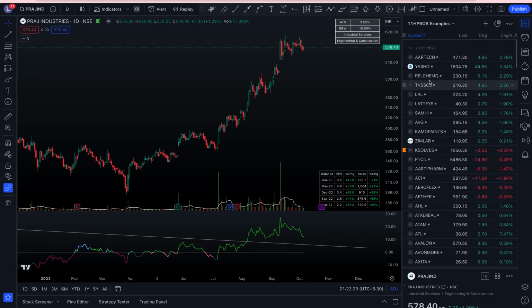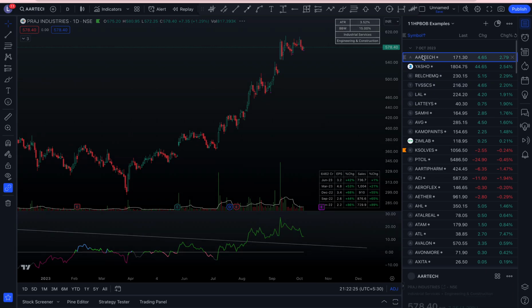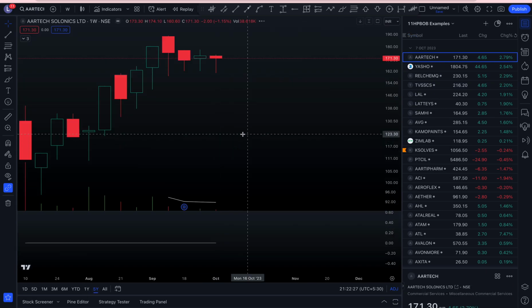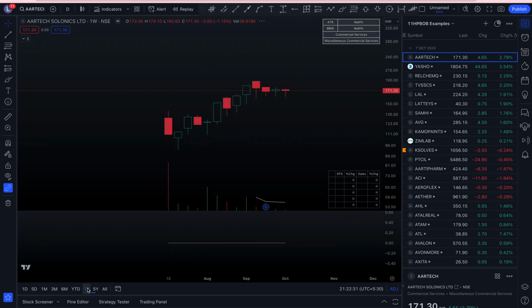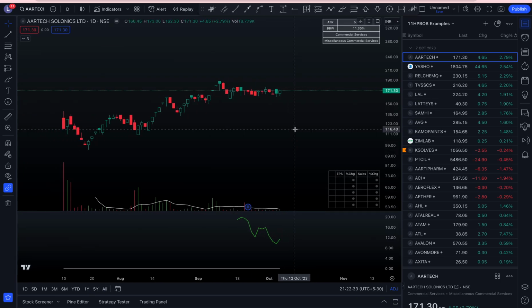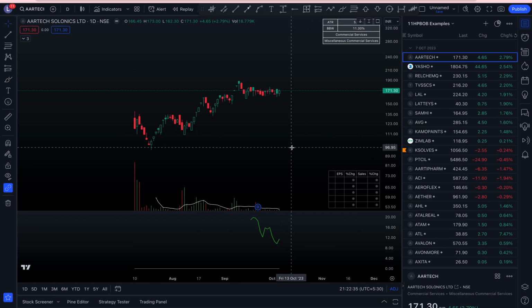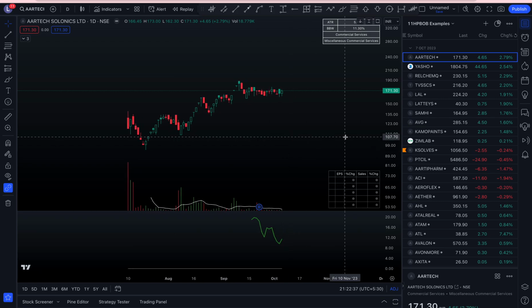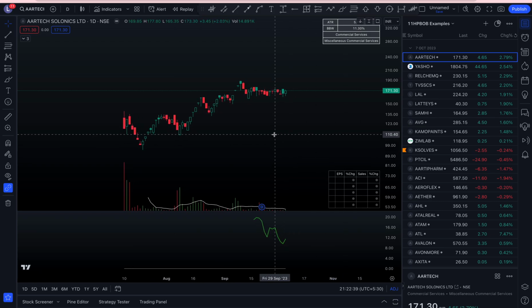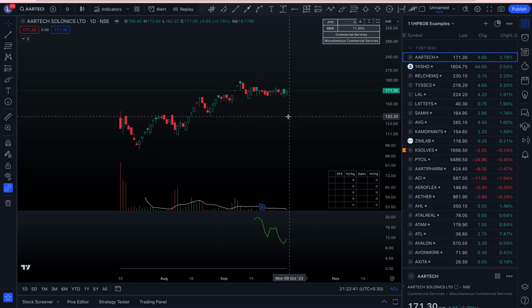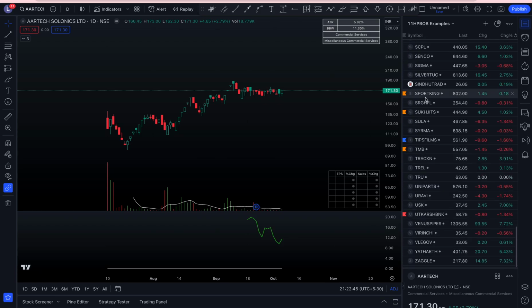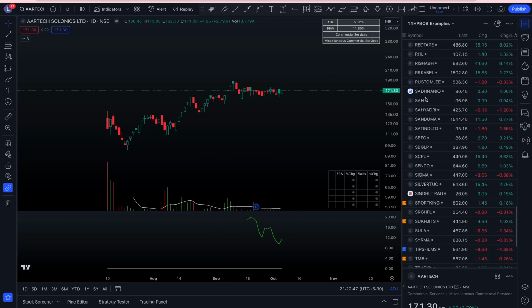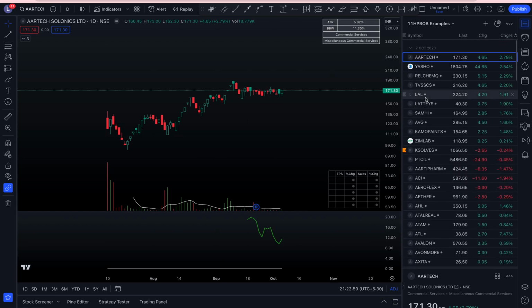Let's go through one by one or alphabetically. Okay, and you can use either the daily or even the weekly time frame. So we'll just flag the ones which are good looking.